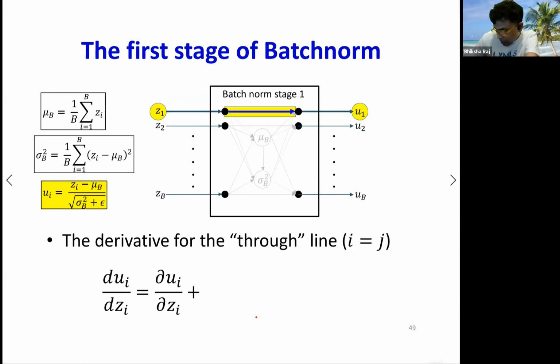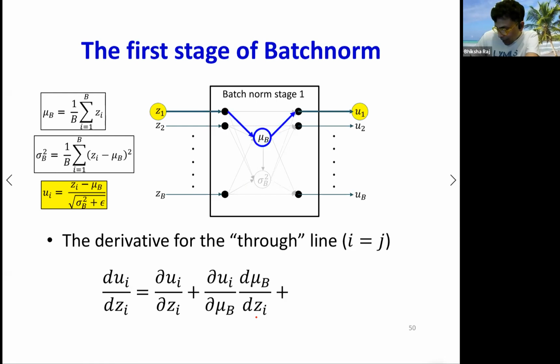Let's take a look. First, there is the direct line, right? So the derivative of U with respect to Z has a partial derivative over this direct line, plus now there is this line, right? Where first you computed mu from Z and then you compute U from mu.